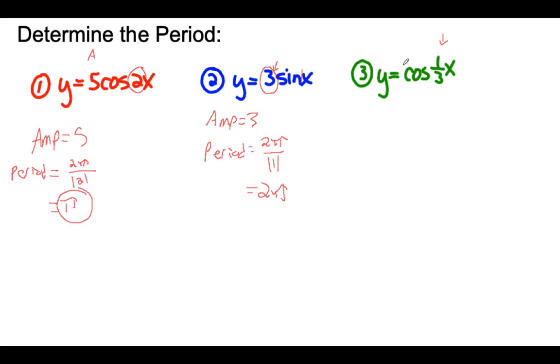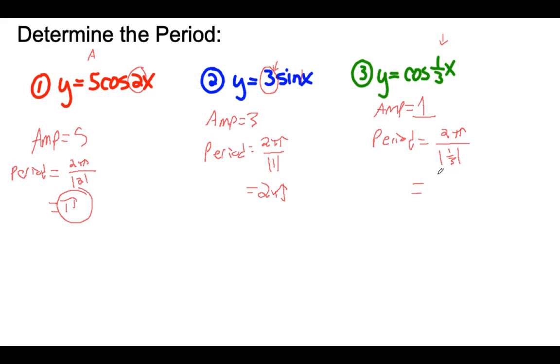Then right here, there is no number, there's no a value. So our amplitude is just our generic 1. Our period equals 2 pi divided by the absolute value of that number, which is 1 over 3. And so we have to use some Algebra 1 skills.